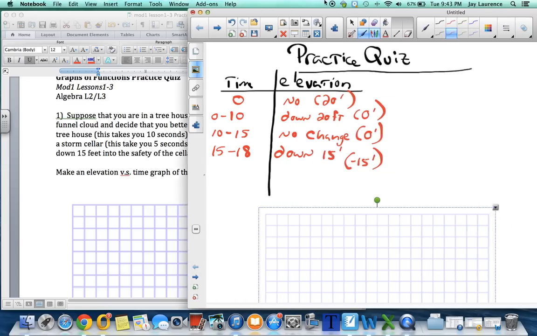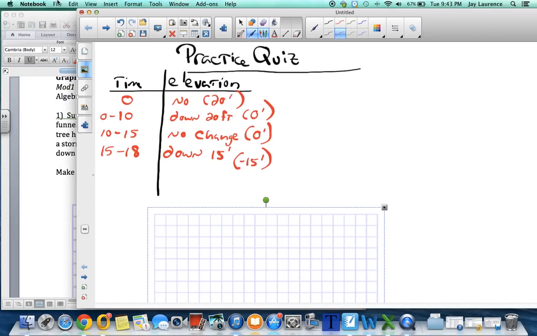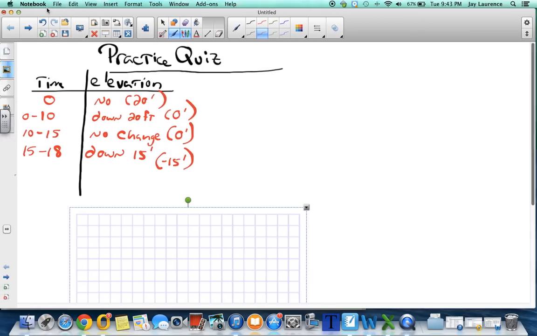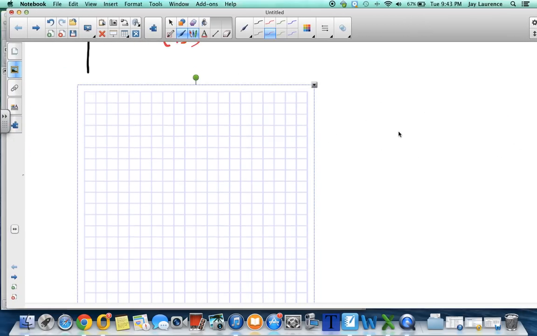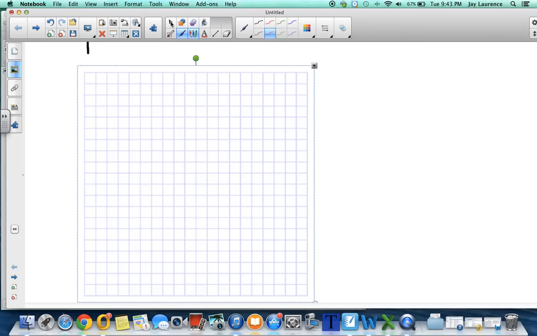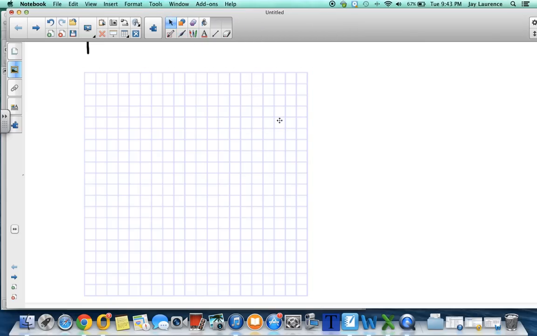So now that I have my little table done, I can go ahead and get a graph out of this. Let me scroll up, and I should really lock this in place. Now I'm going to put my axes in, but notice I'm not going to put them in the corner because I know I'm going to go 15 feet down, starting 20 feet high.